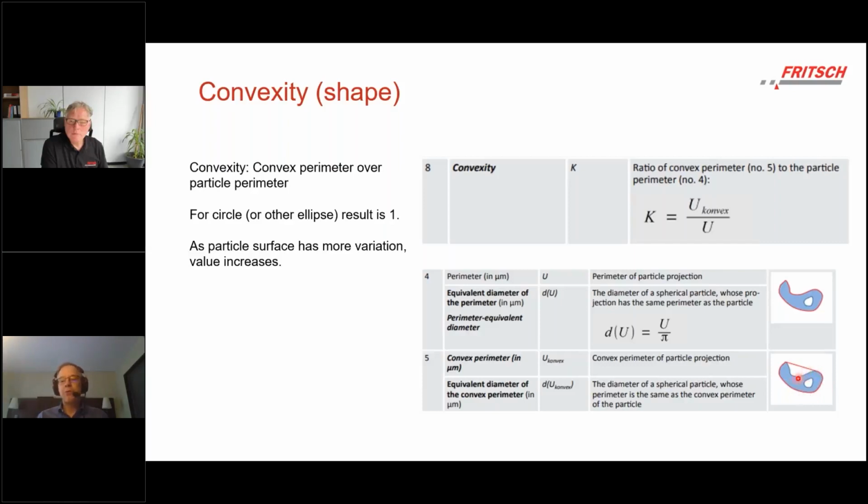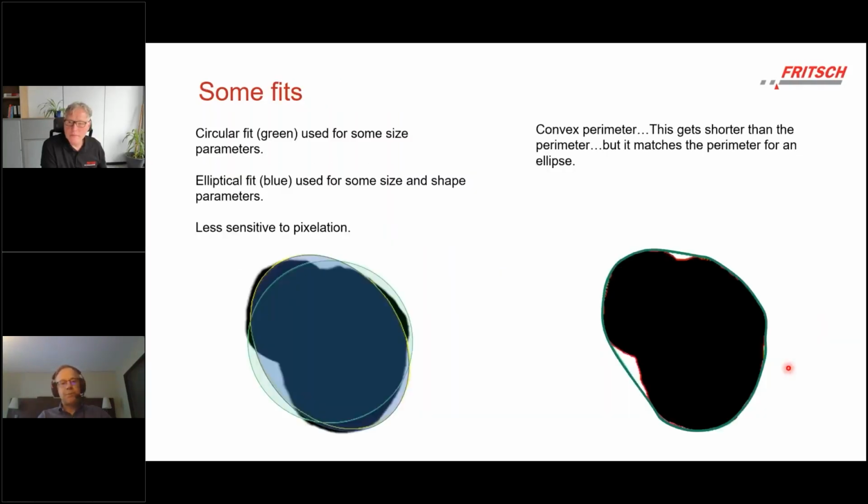So I skip this long detour inside the particle here. You'll see the convex perimeter matches the particle perimeter for a circle or other ellipse. And as the particle surface has more variation, that value increases, and you express convexity as the convex perimeter over the particle perimeter.